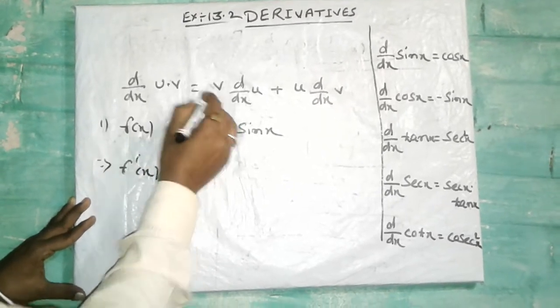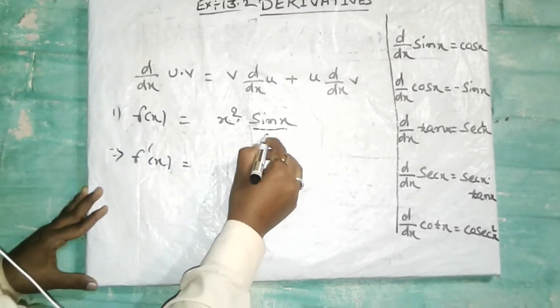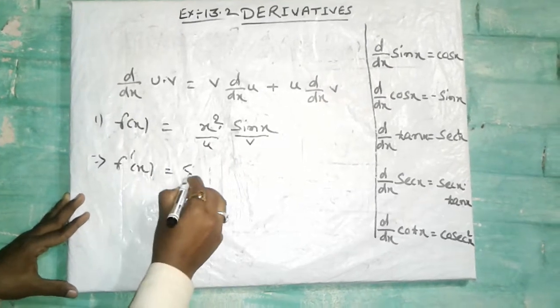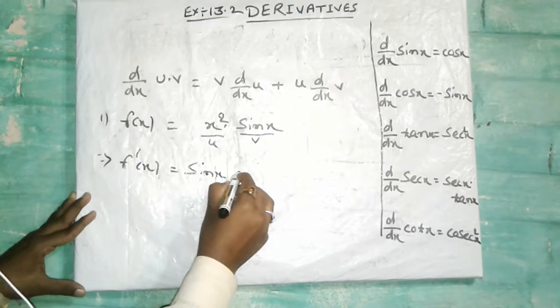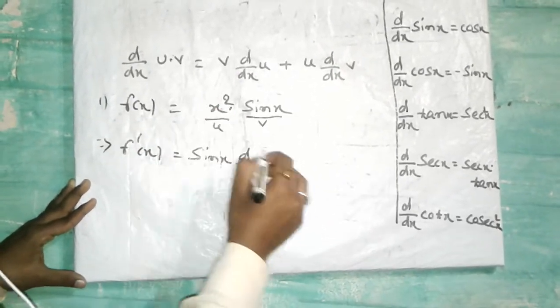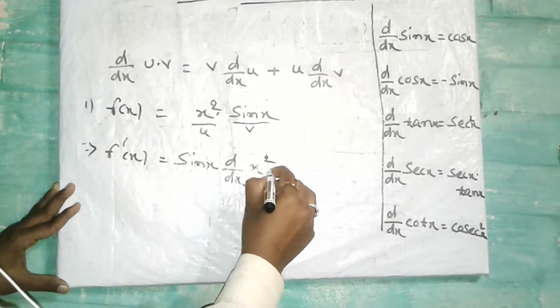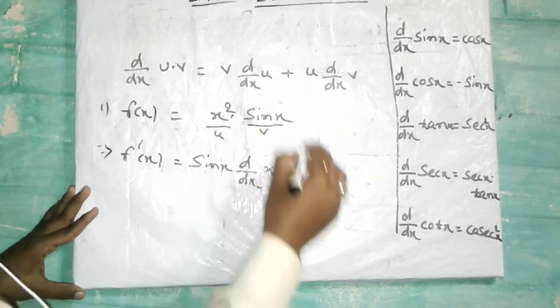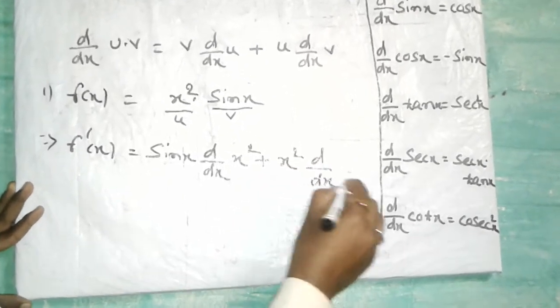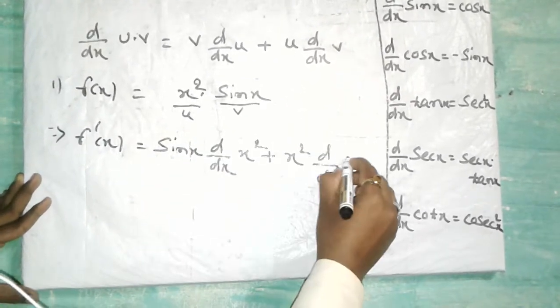Here our second function is sin x, that is our v, and this is our u. So we will write sin x, then ddx of the first function, x square, then plus this time again the first function, x square, and then we have to differentiate the second function, sin x.